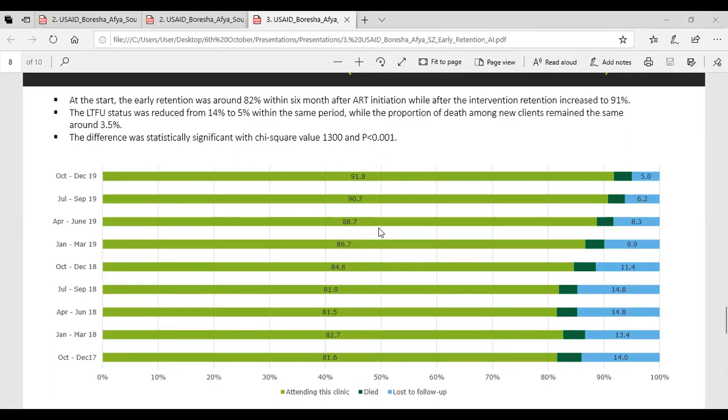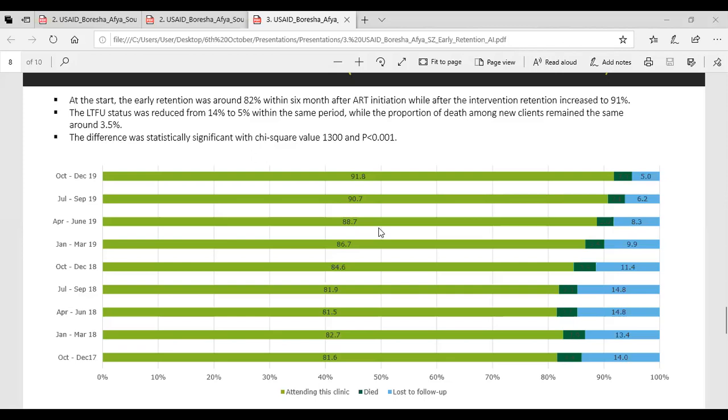The difference was also statistically significant. We noticed that over the period of time, for the first 3 quarters, there was no statistical difference in terms of retention. As you can see, we started around 81, and by July to September 2018, we were still around 81.